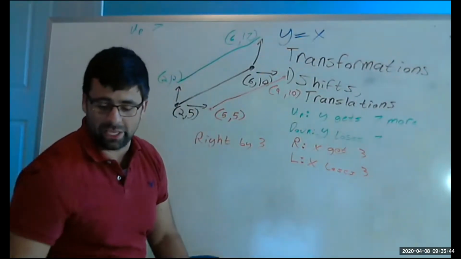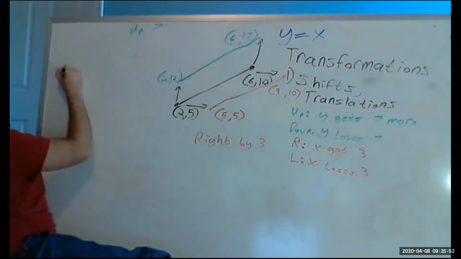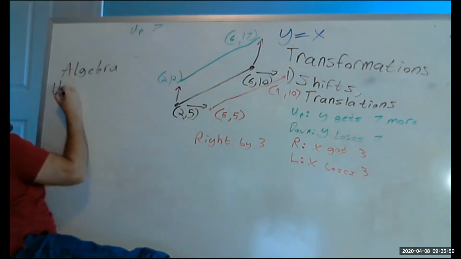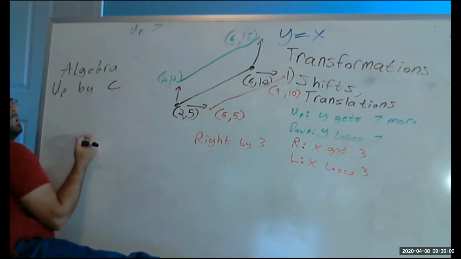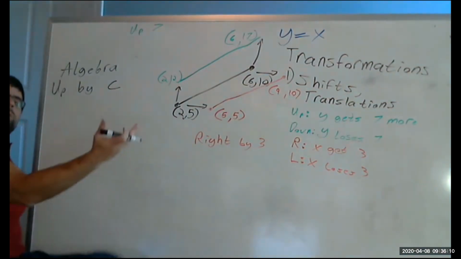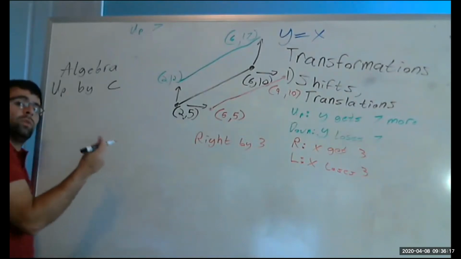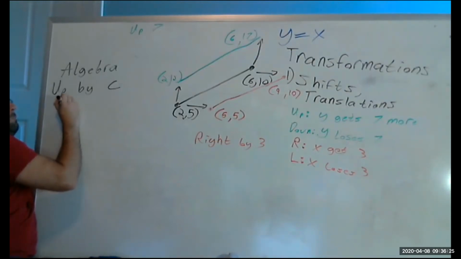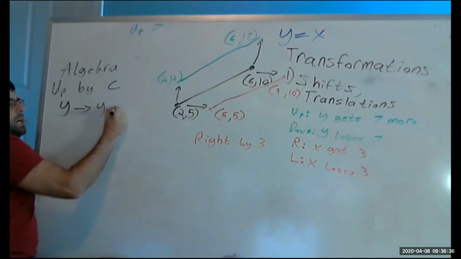So to slide something up by some number C, what you're actually doing is moving the graph paper underneath it down by C. When you do that, you're moving all of the Y values down by C. So what we do is, in our equation, we take everywhere we see a y, and we replace it with y minus c.